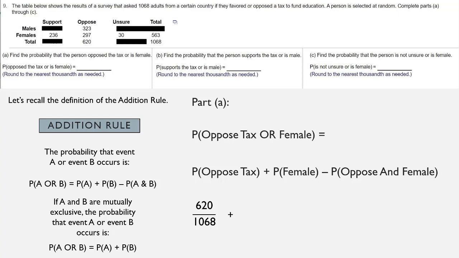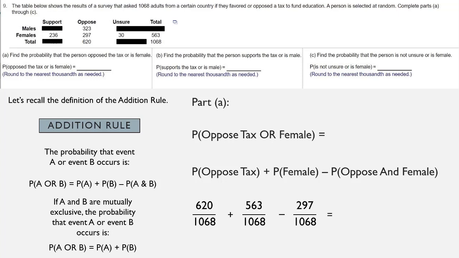So we'll look at the row with females. There are 563 females in this survey, so 563 over 1068. And then we have to subtract away where the row and the column overlap. Where the row for females and the column for those that oppose the tax overlap would be the 297 out of 1068.